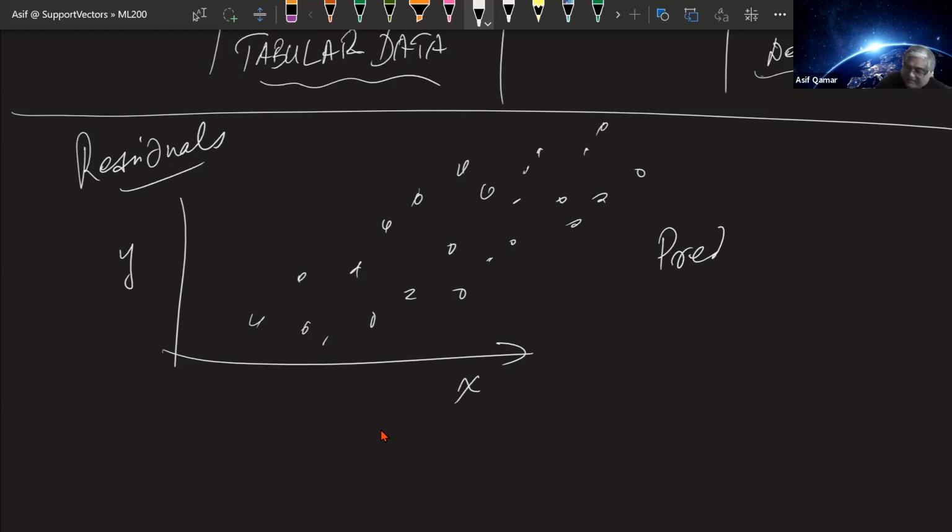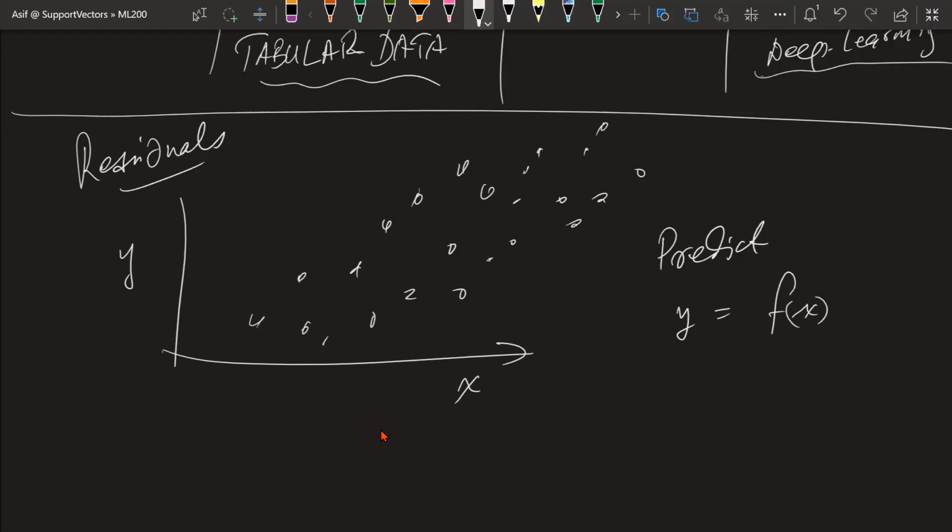Predict Y as a function of X. This is a problem in regression or classification. What's the task? Regression. Predict Y in terms of X.